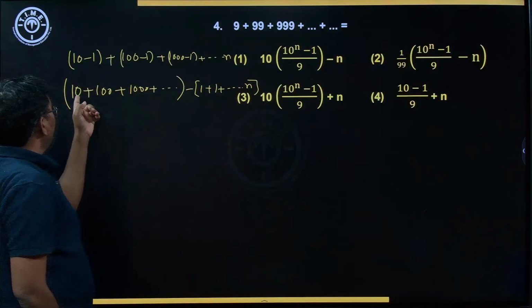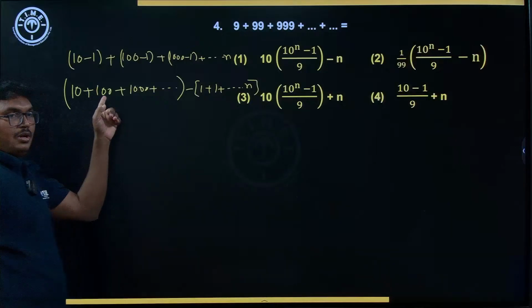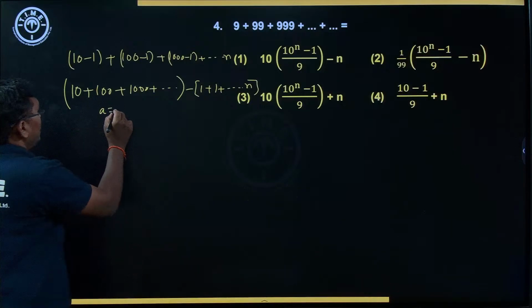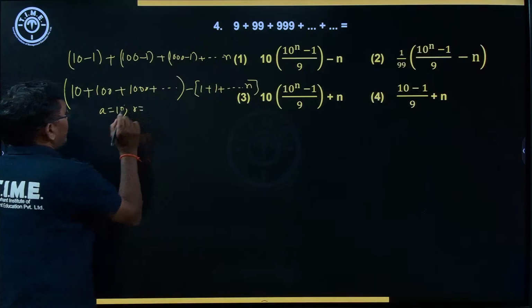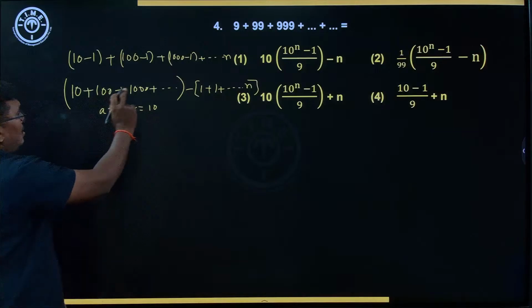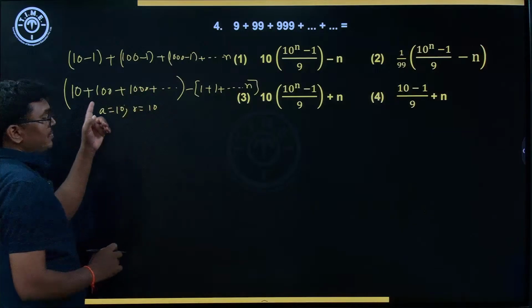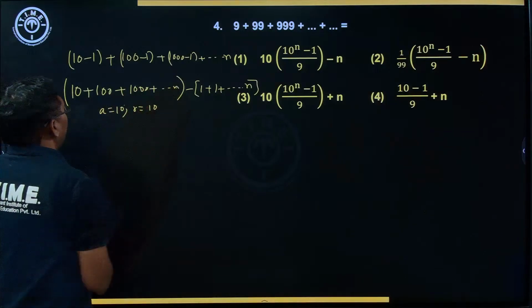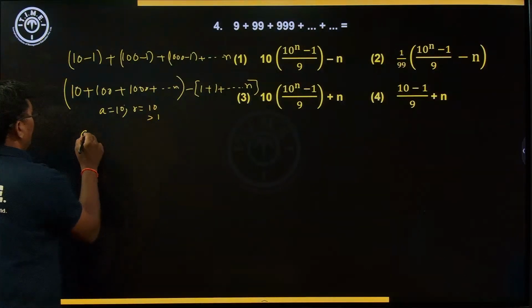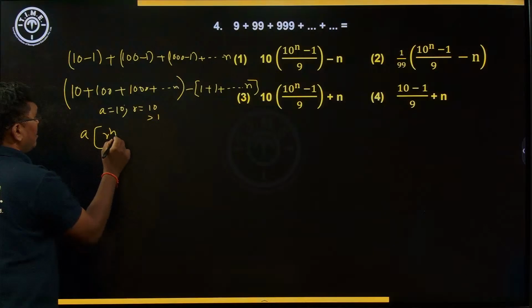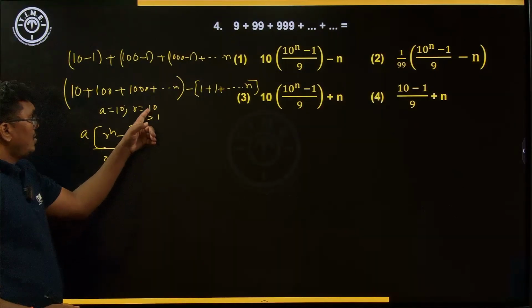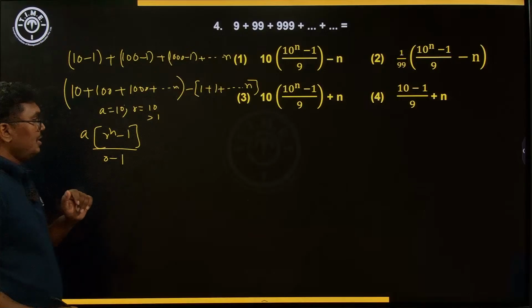So the first term is 10 and the common ratio is 10. So A is 10 and the common ratio is 10. So it is in geometric progression. What is the sum of the geometric progression up to n? Here R is greater than 1, so the sum is A into R power n minus 1 by R minus 1. When R is greater than 1, we have to use this formula, right?